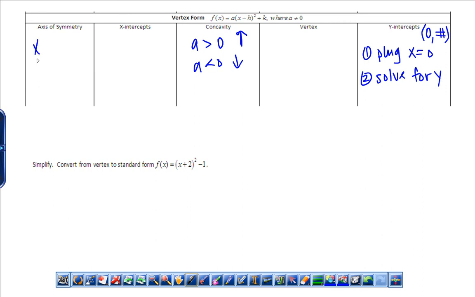Axis of symmetry. On this one, the whole thing about vertex form is that it gives you the vertex of your parabola. Your vertex is your h, k.